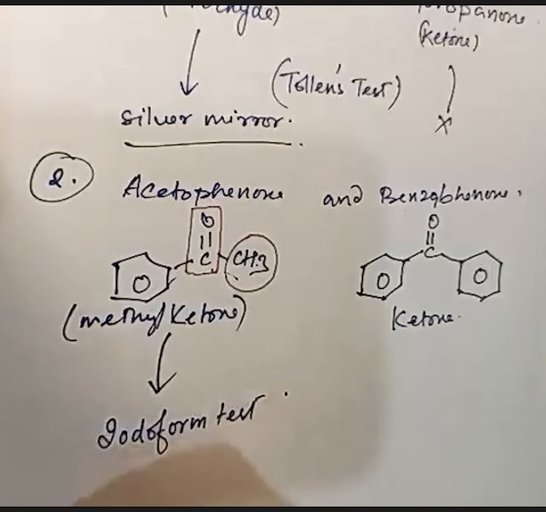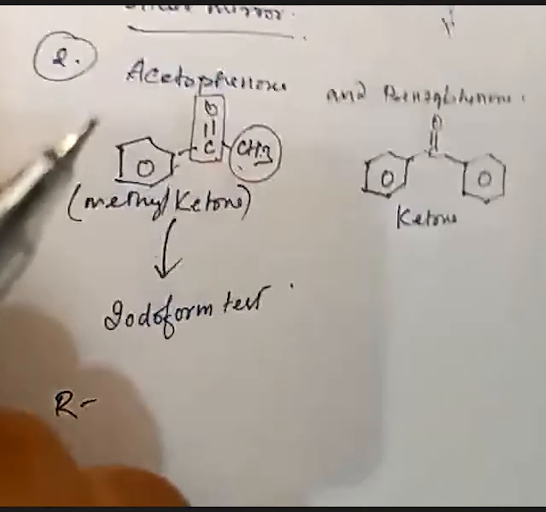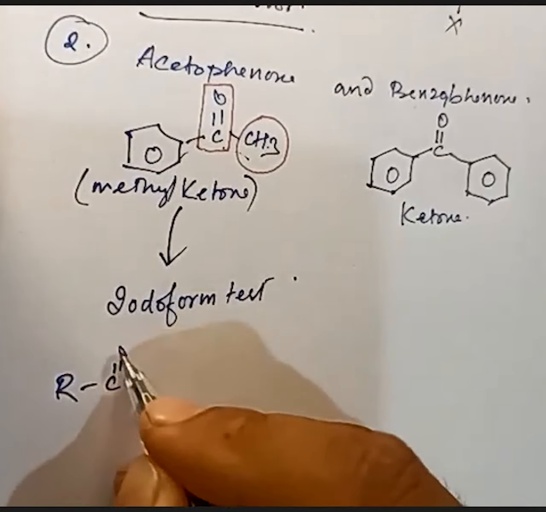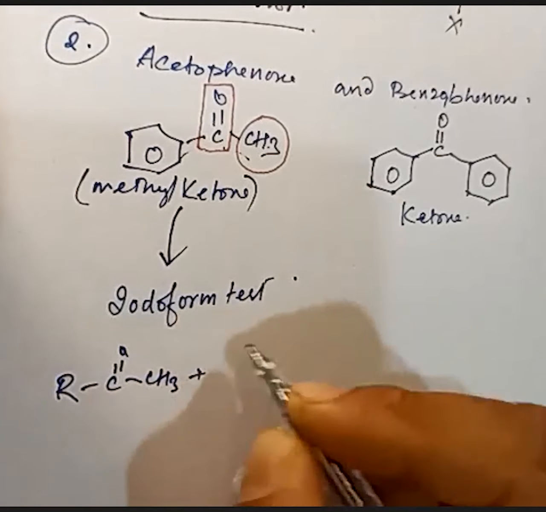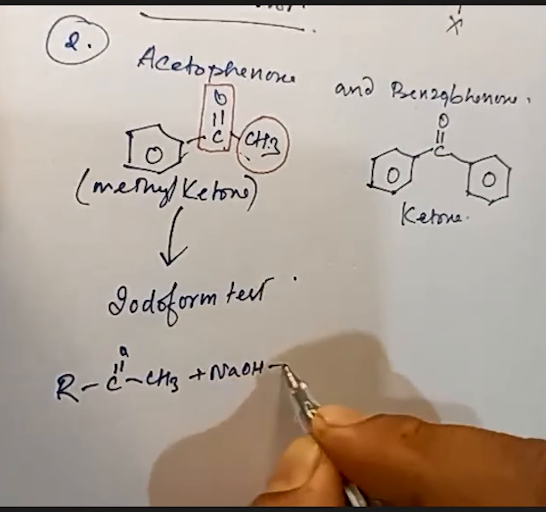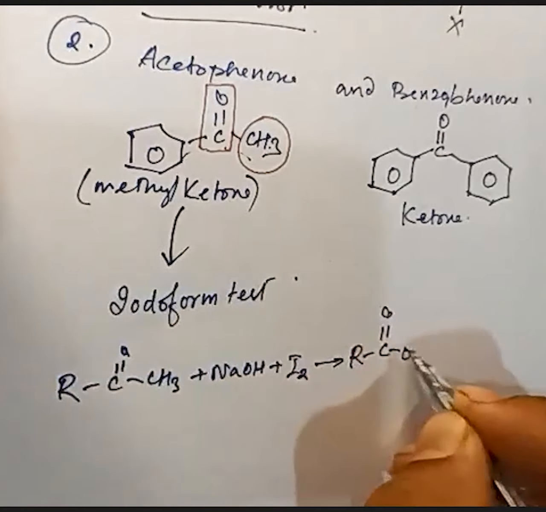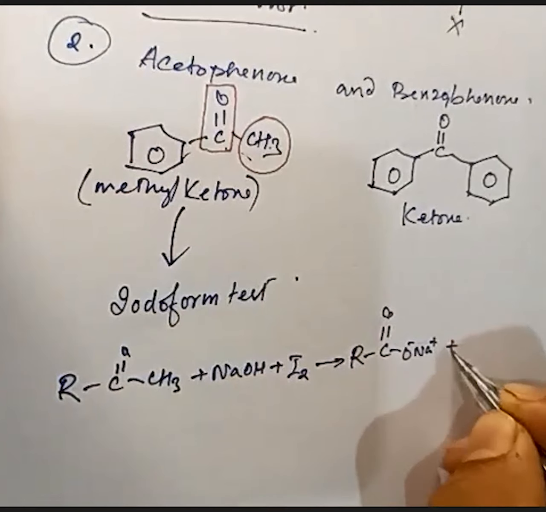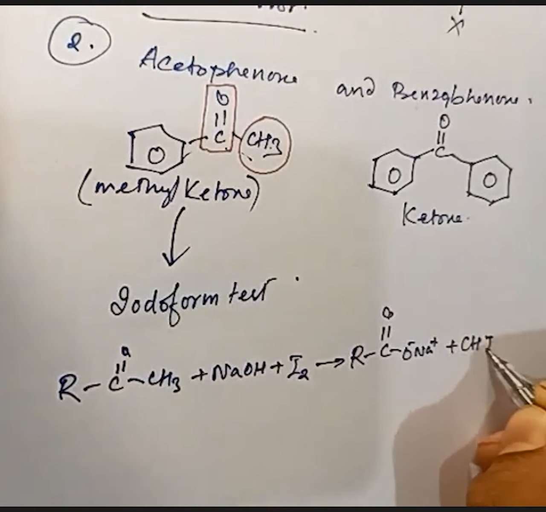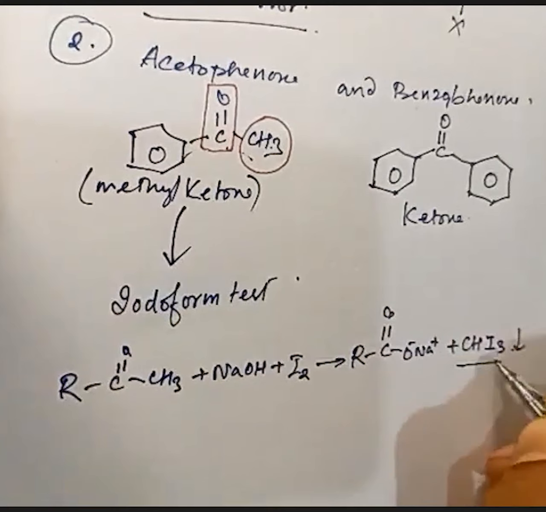For any methyl ketone, suppose RCOCH3 plus sodium hydroxide plus I2 gives you RCOO minus Na plus and CHI3. So it is giving you iodoform.